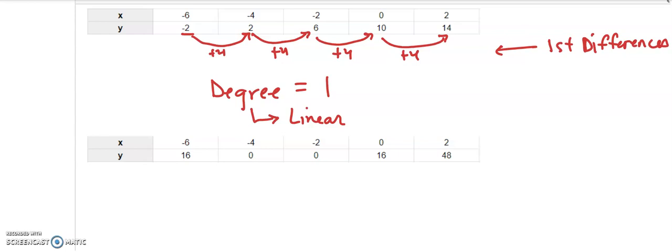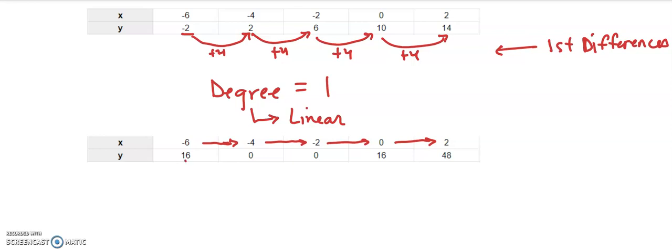First things first, always check the x values to make sure they're arithmetic in nature, meaning I'm going up the same amount or down the same amount. Those are all +2, just like our first example, so we're good to use this process of finite differences to analyze the degree of the function.